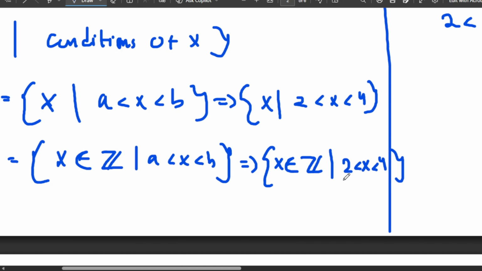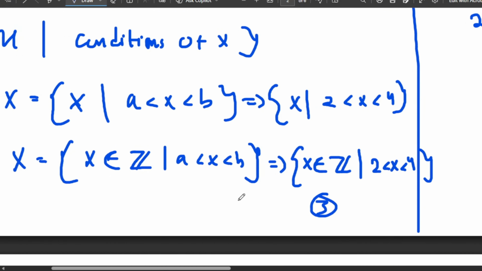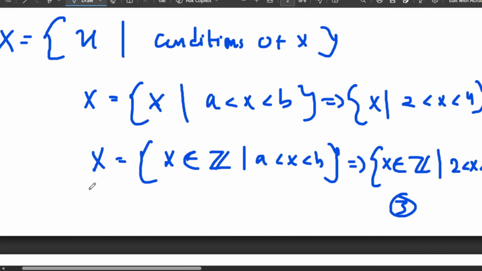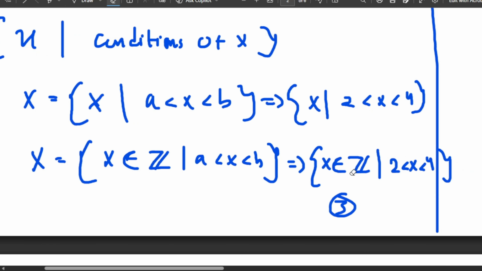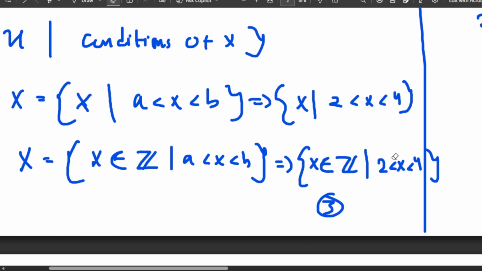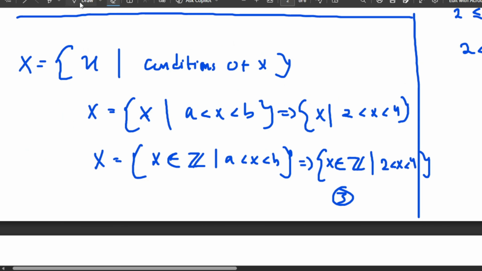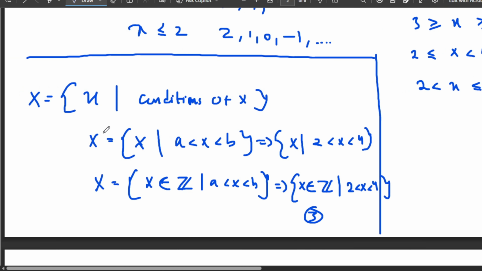What integer is between 2 and 4? Which is 3, right? So the possible value of x here must be 3 in this set builder notation. So a set builder notation is x such that the condition of x. The set builder notation will be used a lot, especially in analysis.